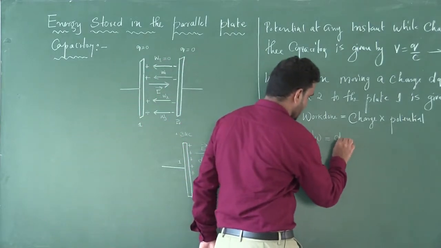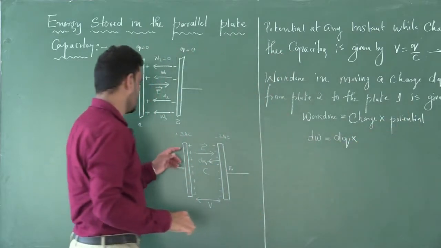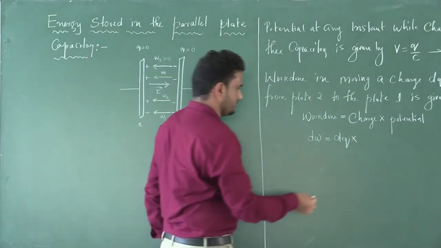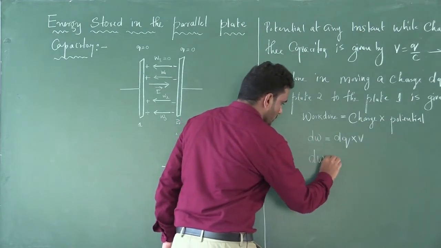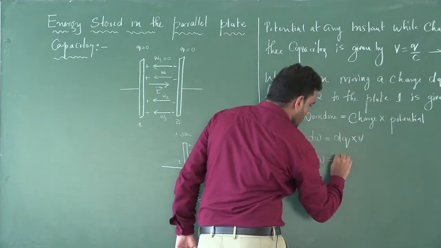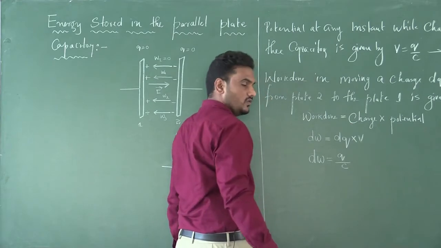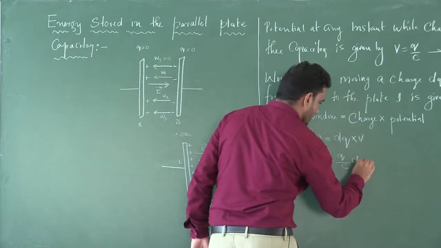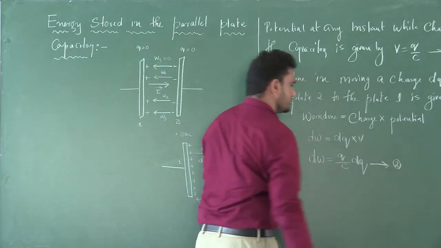So I will write dQ into the potential, V. Then dW is equal to, what is the value of V? That is Q divided by C. So dW is equal to Q divided by C into dQ. We shall mark it as equation number 2.